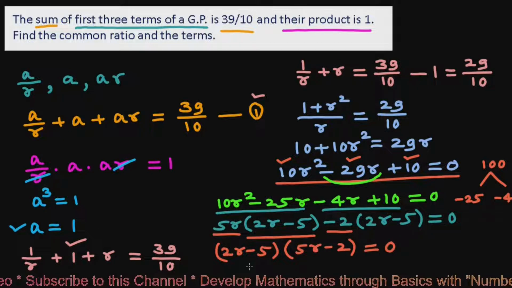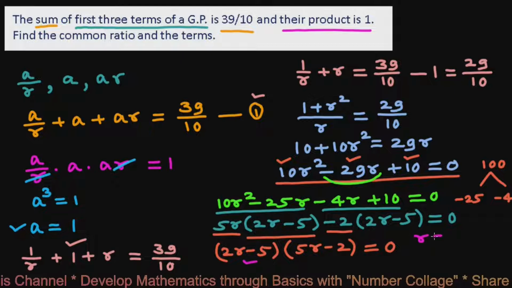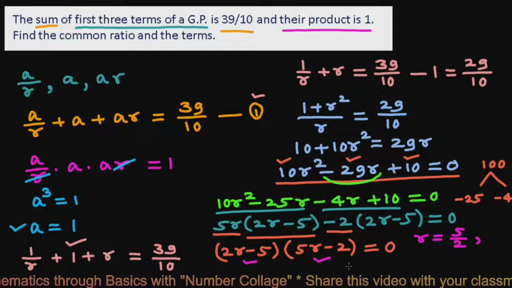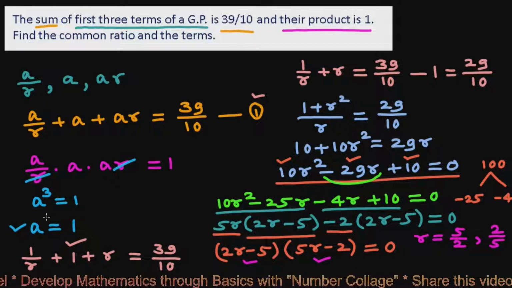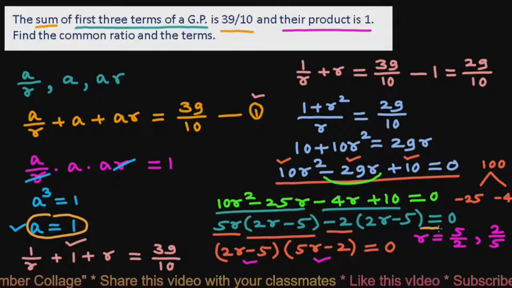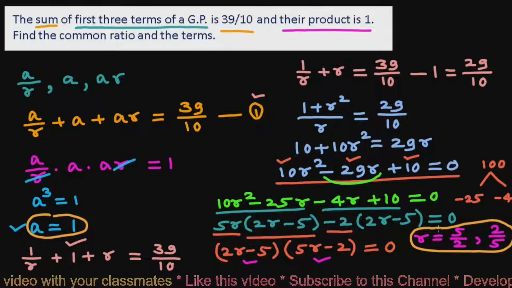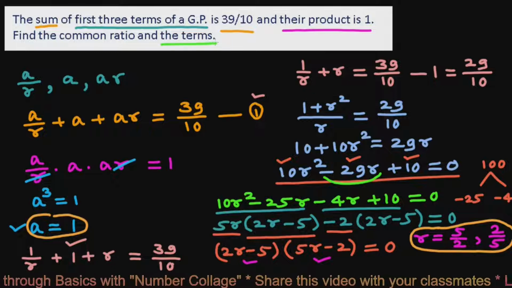We get two values of r. The first value from this bracket will be r equals 5 upon 2, and from this bracket the second value will be r equals 2 upon 5. Therefore, the value of the first term a is 1, and the two values of the common ratio r are 5 by 2 and 2 by 5. Now with the help of these two values, we write the three terms.